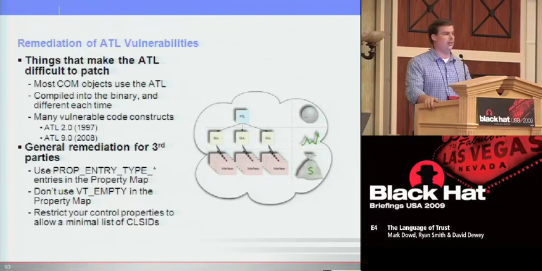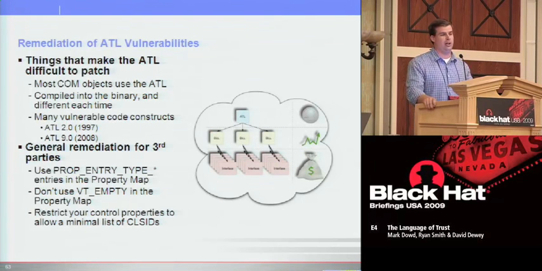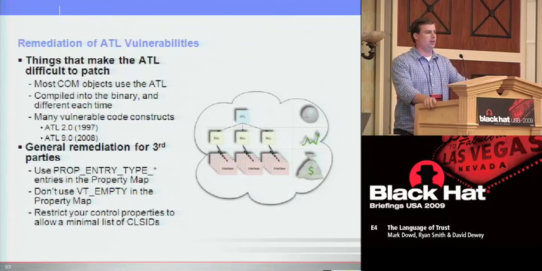So Microsoft had the unenviable task of trying to coordinate a vendor disclosure that actually affected thousands of third-party vendors. Anyone who has compiled an ActiveX control with Visual Studio in the last 15 years may have introduced these vulnerabilities the way we described them today. So for those developers, they need to take a look at the advisories, the information that's been put out by Microsoft, and you're going to have to recompile your controls to make sure that you're not vulnerable to the attacks that we've documented.